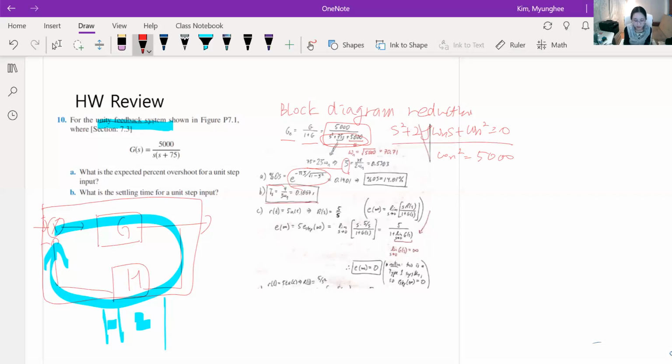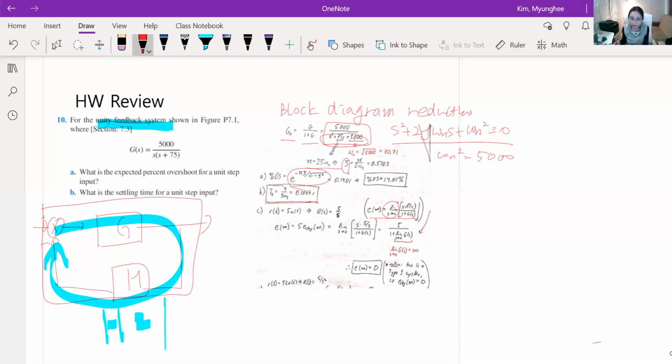Similarly, you can find the settling time. Also, you can calculate the steady state error for a unit step input by applying the final value theorem, which means the error at infinity is the same as the limit as s approaches 0 of s times this.